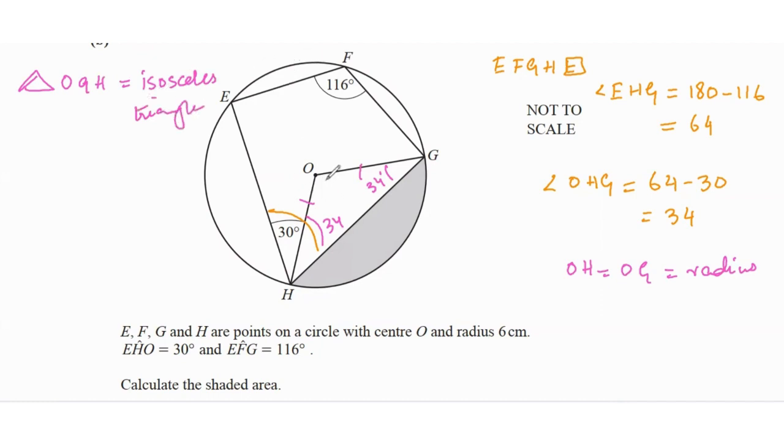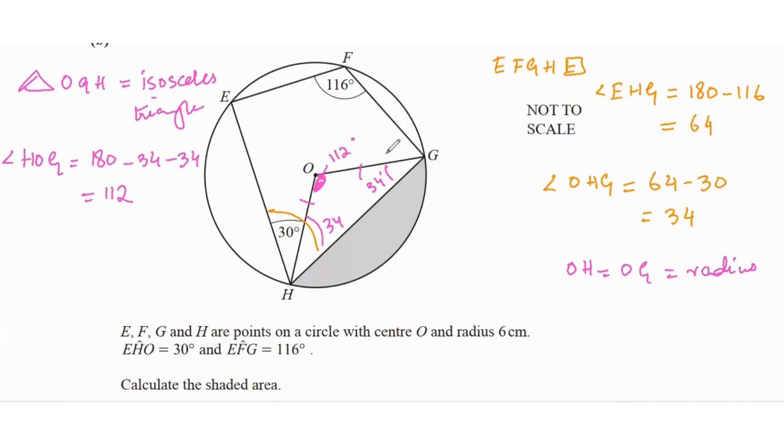So now we can find the third angle, angle O over here. So angle HOG would be 180 minus 34 minus 34, 112. So this over here is 112.